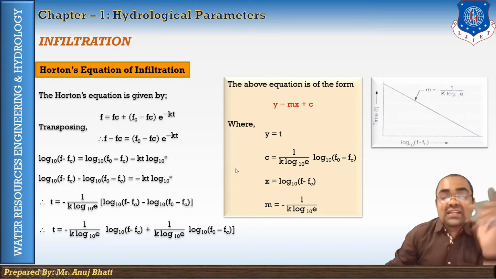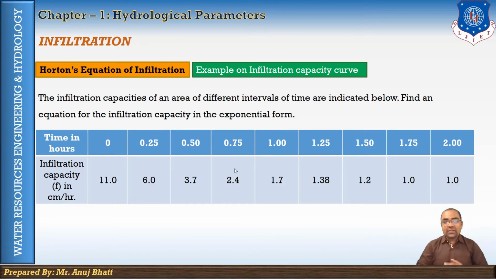Okay, let's clear this with one example. The example is: the infiltration capacity of an area at different intervals of time is indicated in this table. We have to find an equation for the infiltration capacity in the exponential form.